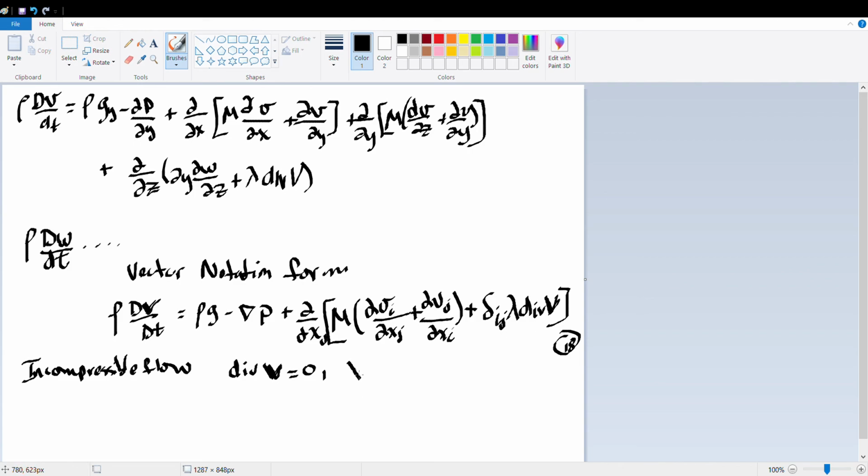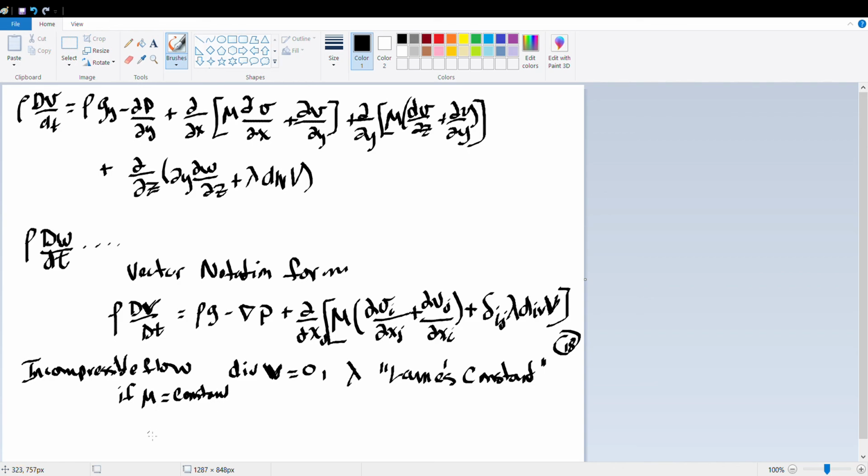The lambda part is called Lamé's constant, if you guys remember that. I barely remember it, but that's Lamé's constant. That actually goes to 0, since it's multiplied by the divergence of V, which is basically 0. And if we assume constant viscosity, mu equal to a constant, we don't have to put that into any of the integrals and differentials, we can take it out.